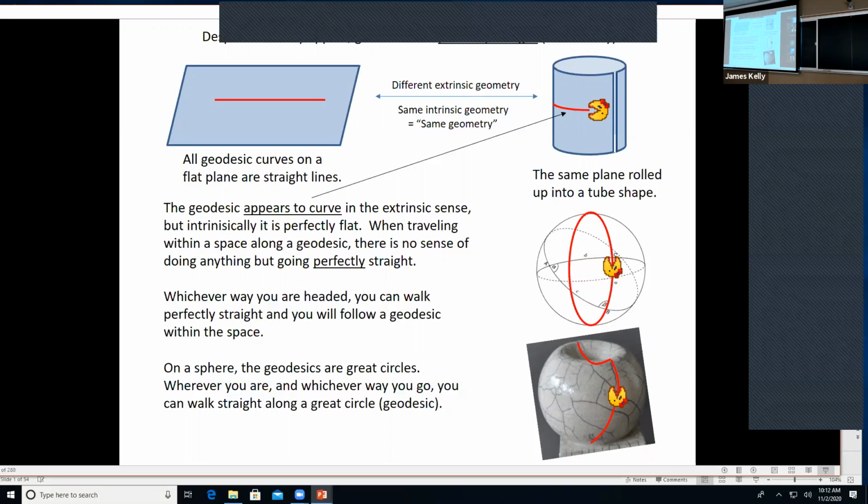Okay, so that's the idea with geodesics. It's the same kind of idea as if I had this deflated ball. Let me push some of the air out of it. And I'm hoping those of you on Zoom can see me on the little camera so I don't have to switch screens.